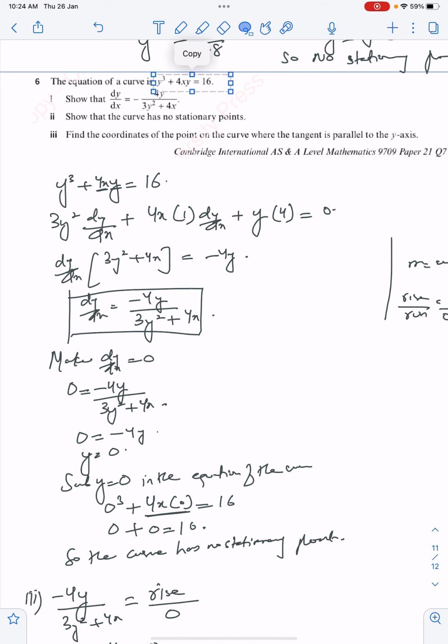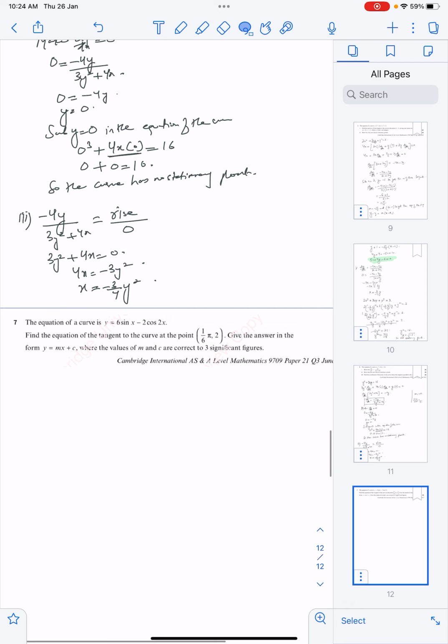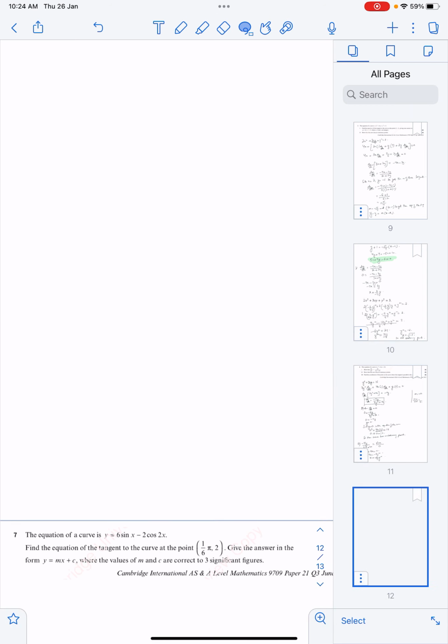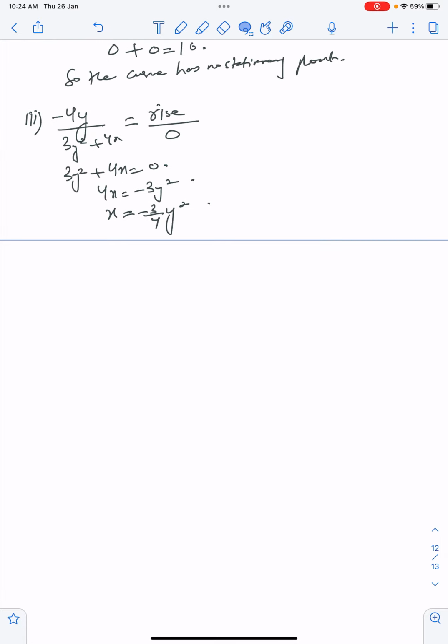Okay, so I'm just copying the equation of the curve here, and I'm going to substitute x as negative 3 upon 4 y square.